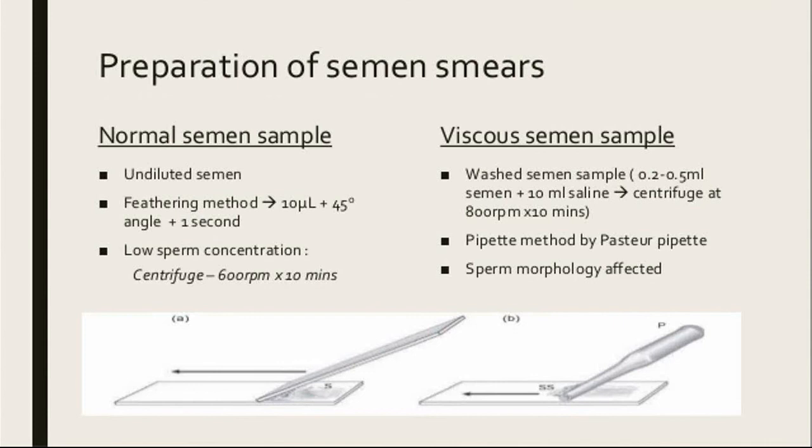If the semen is viscous, then wash the semen with saline, that is 0.2 to 0.5 ml semen with 10 ml saline. Mix and centrifuge at 800 rpm for 10 minutes. Now from the sediment prepare the smear. Here sperm morphology may be affected.